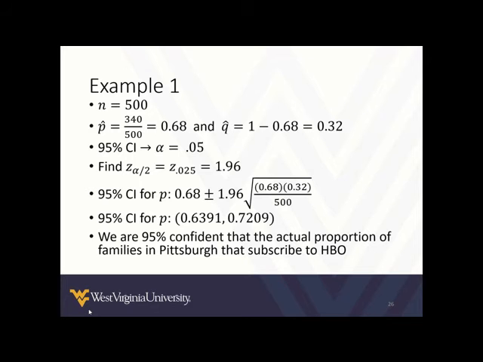And then therefore we can just plug in to calculate our confidence interval, which would be 0.68 plus or minus 1.96 multiplied by the square root of 0.68 times 0.32, all divided by 500, which would give us a confidence interval of 0.6391 to 0.7209.